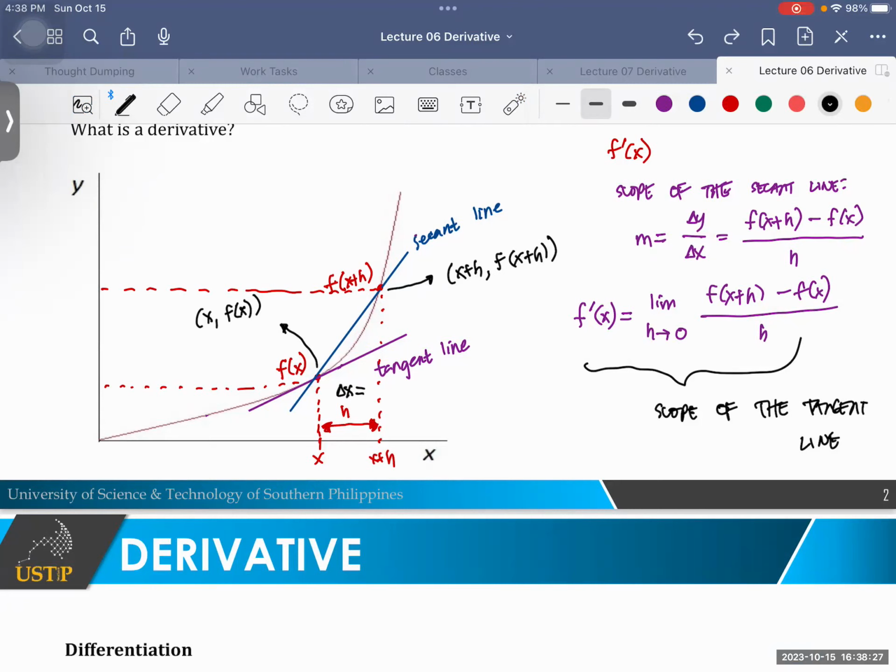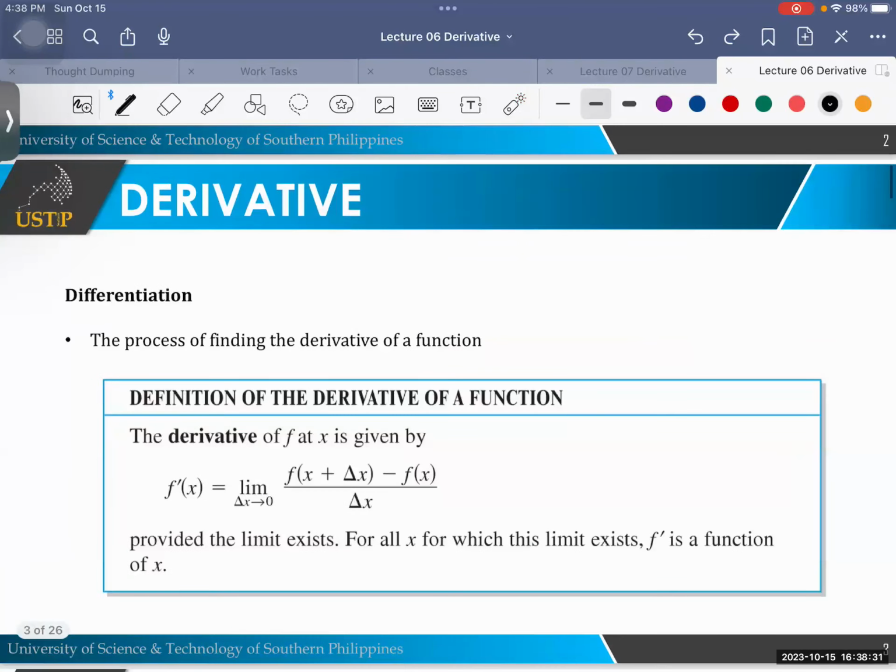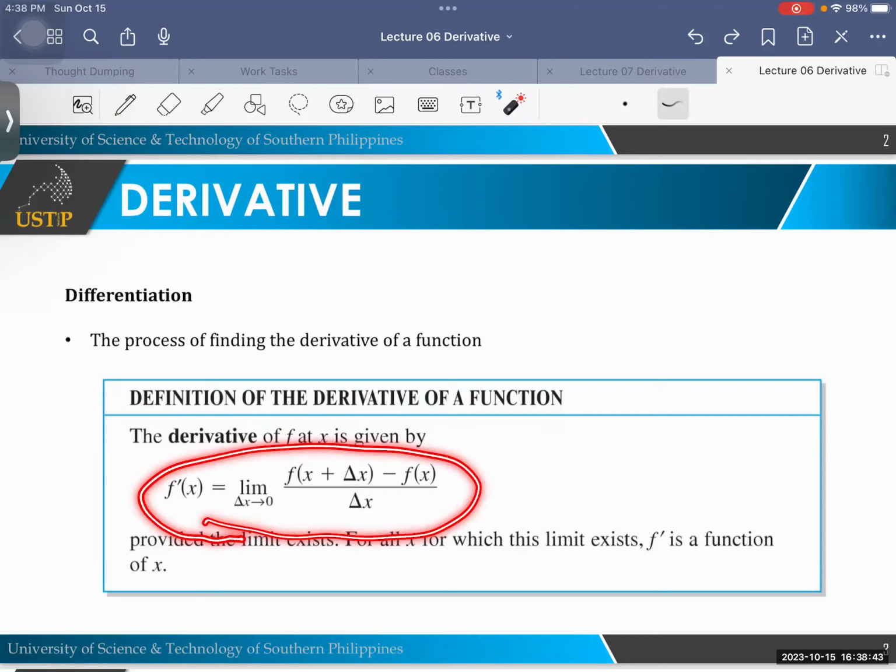This goes into your slope, but it's basically the same thing. If we make it h, h is the same concept. Okay, so this is now your derivative of the function, provided that the limit exists. For all x for which this limit exists, f prime is a function of x.